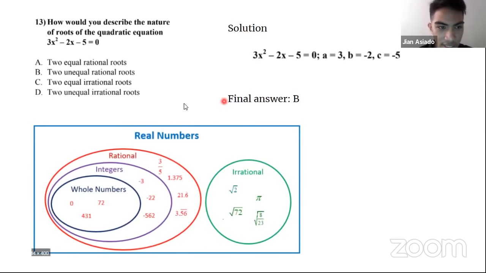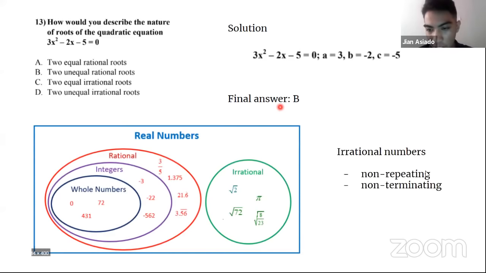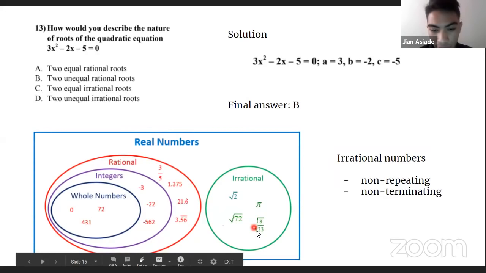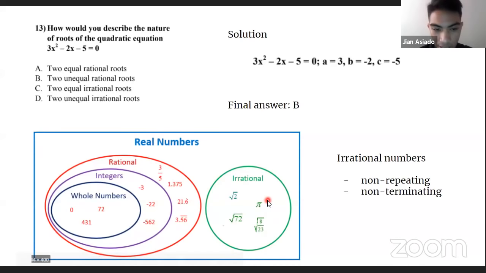Yung roots niya, it's unequal rational. Now, what's rational and irrational? Yung irrational naman, it's non-repeating and non-terminating decimals. For example, pi, square root of 72, 8/23. Those are irrational.